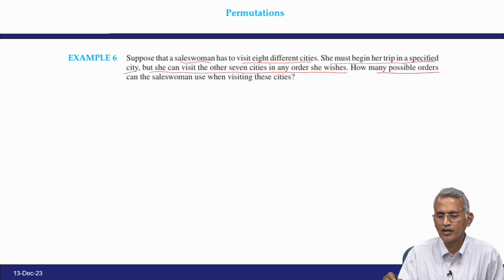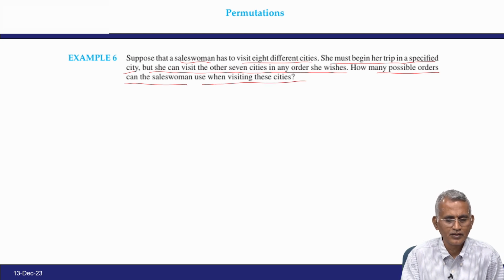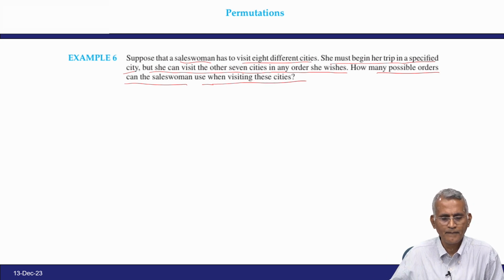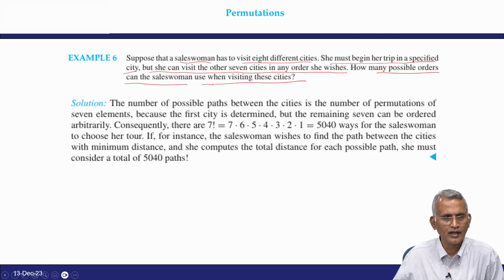How many possible orders can the saleswoman use when visiting these cities? Now, the answer is the number of possible paths between the cities, which is the number of permutations of the 7 elements, because the first city is determined, but the remaining 7 can be ordered arbitrarily.